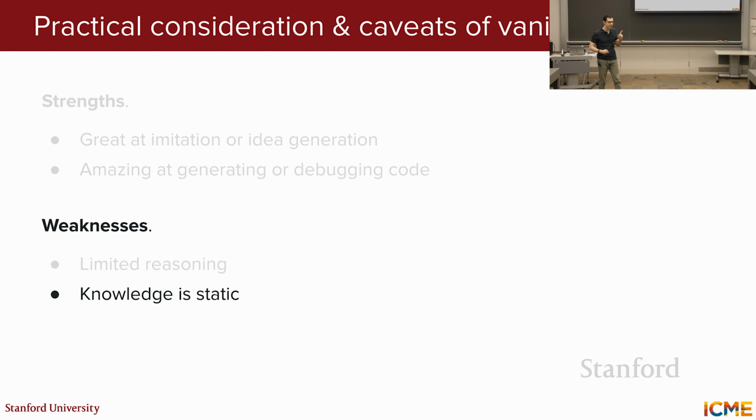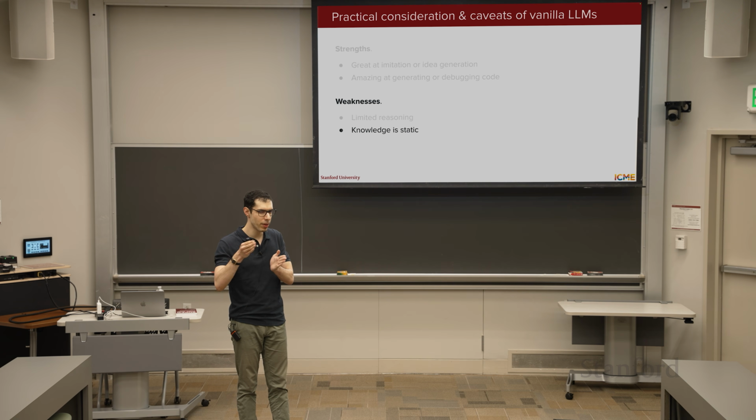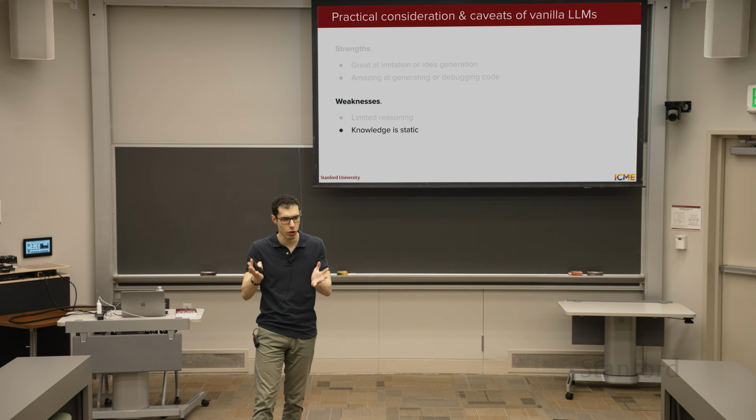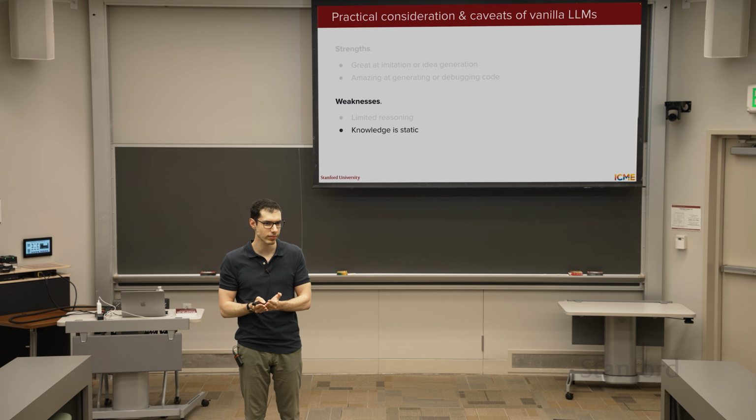The second weakness is that the LLM that we have has been pre-trained on a huge amount of data, which is static, meaning that the knowledge that the LLM has acquired is bound to the cutoff date, at which we cut and formed our pre-training data.